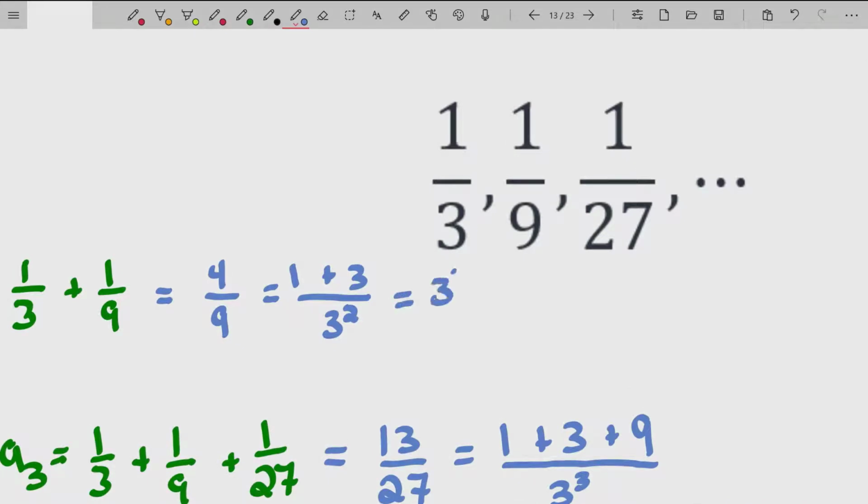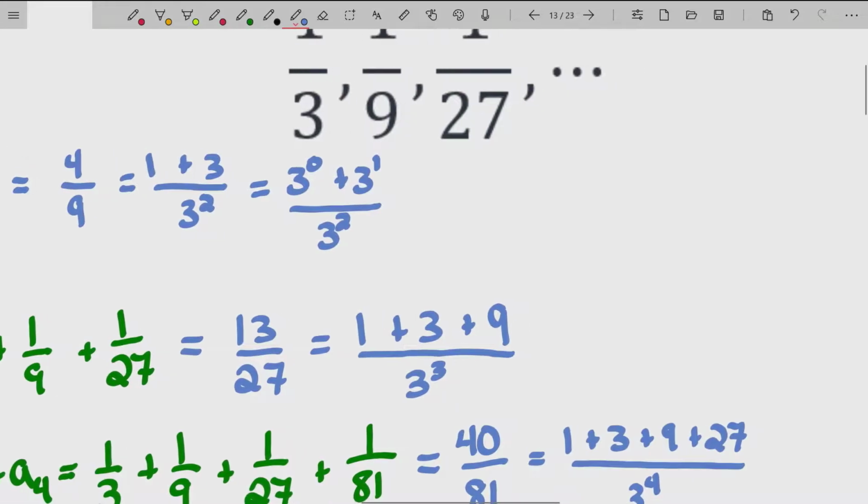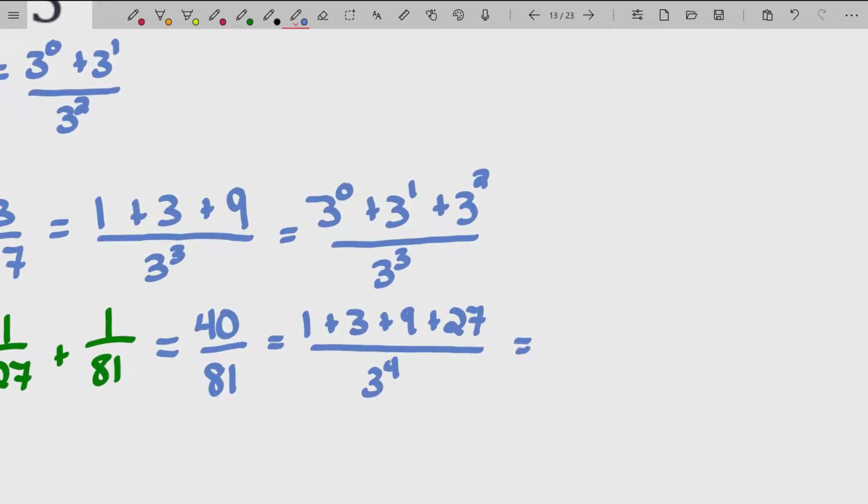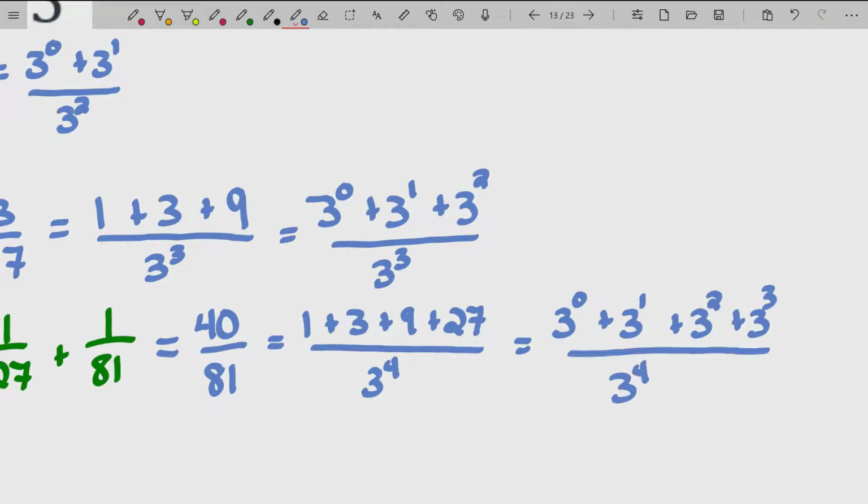This is 3 to the 0th plus 3 to the 1st, all over 3 squared. The next one is 3 to the 0th plus 3 to the 1st plus 3 squared, all over 3 to the 3rd. The next one is 3 to the 0th plus 3 to the 1st plus 3 to the 2nd plus 3 to the 3rd, all over 3 to the 4th.